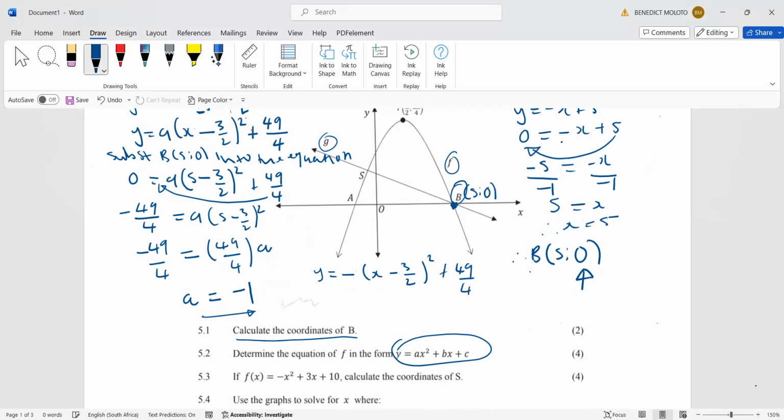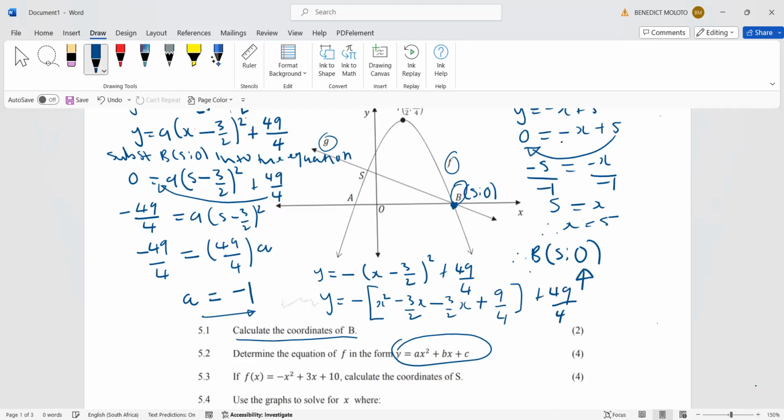The y, which is negative: x multiplied by x is x squared. x multiplied by negative 3 over 2 is negative 3 over 2 x. This multiplied by that is negative 3 over 2 x. Then this multiplied by that, we're going to have positive 9 over 4, plus 49 over 4.